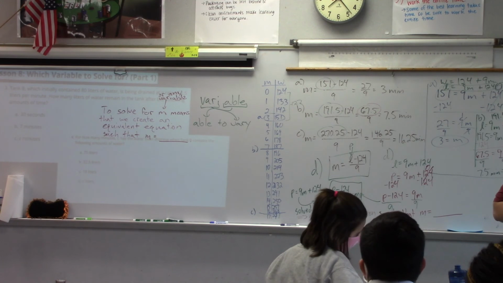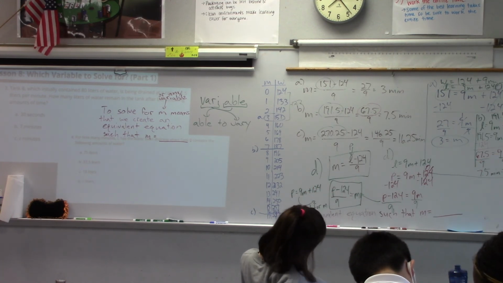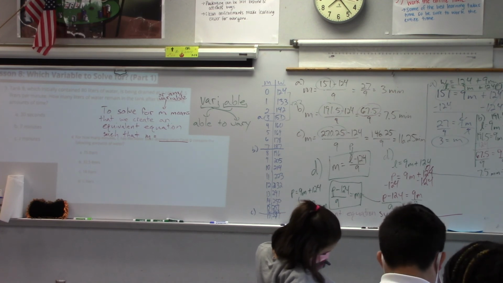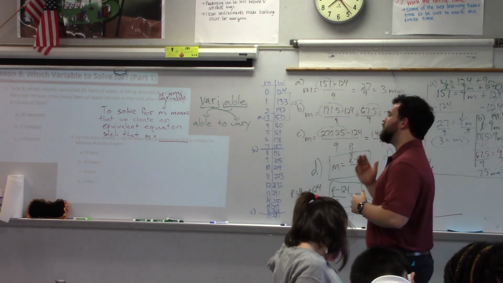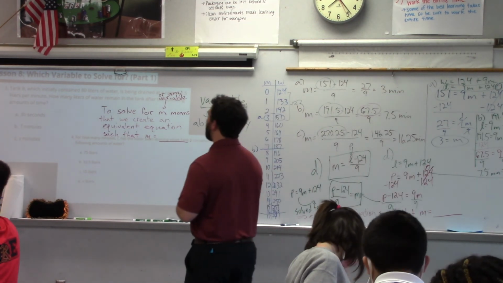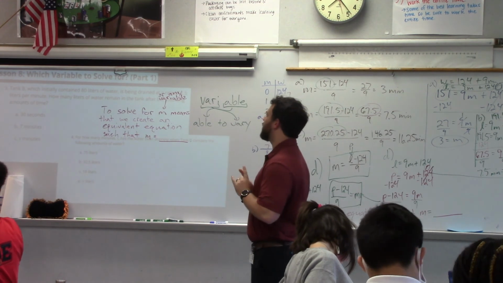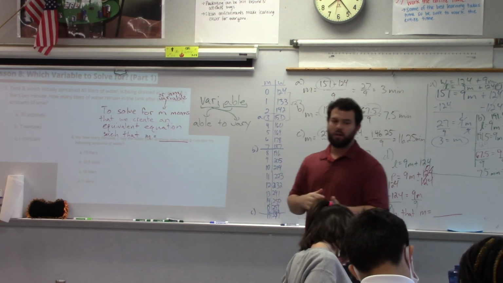What I want us to do at this point, if you need to still continue writing, go for it. But what I want us to do at this point is to get a little bit more practice with this. So notice in number 3, it says tank B, which initially contained 80 liters of water, is being drained at a rate of 2.5 liters per minute. Notice this is on the back side where number 2 is.